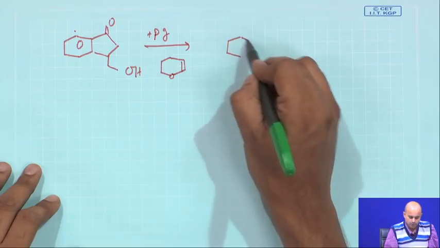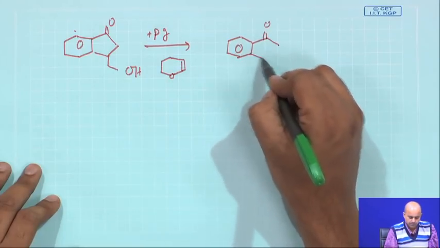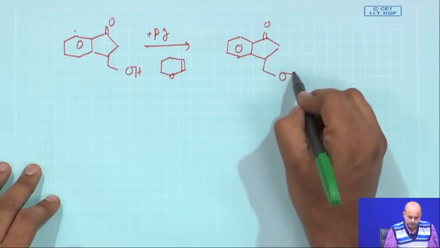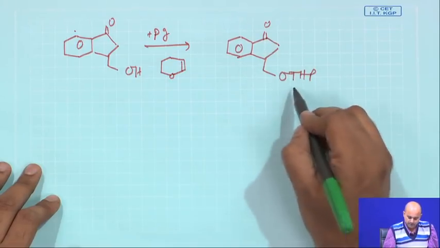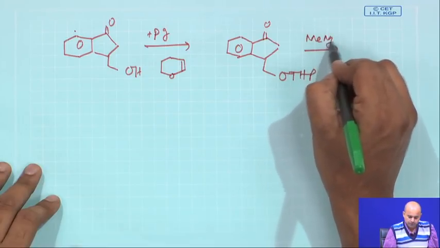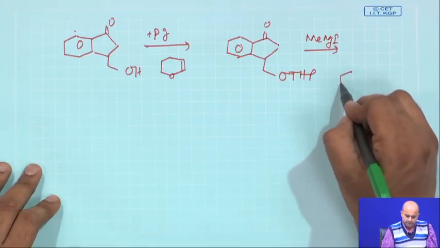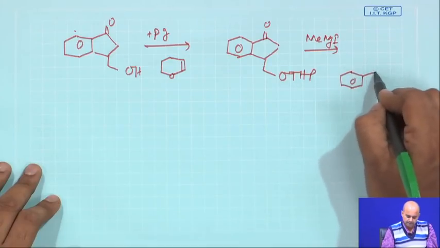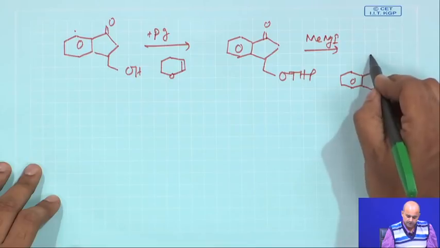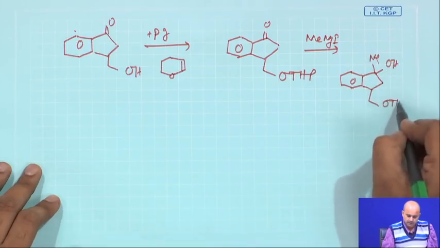So, dihydropyran was used, and then the primary alcohol was protected as an OTHP. Our next reaction, which we earlier explained, should be a methyl group addition. One carbon needs to be added, and then basically you will be getting a tertiary alcohol with this part remaining similar.